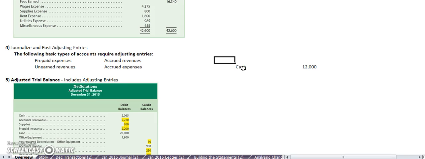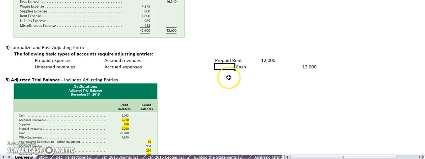Have we incurred an expense? No, we have not incurred an expense until we use the rent, right? So we have another asset, prepaid rent. All we have done is exchange one asset for another: cash for prepaid rent, the right to use rent for 12 months.